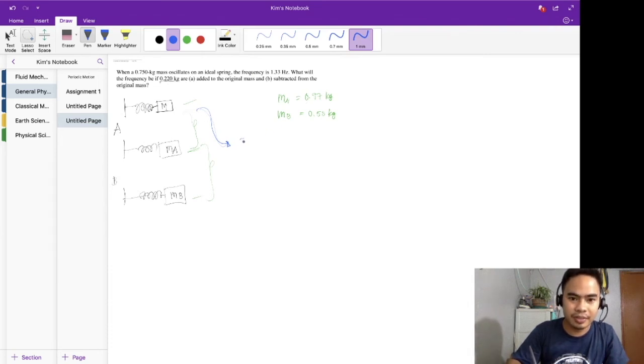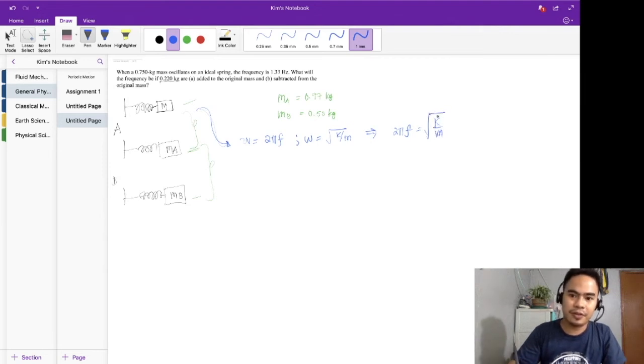For the case of the original mass, of course, you will still be dealing with omega is equal to 2 pi f, and then another equation would be omega is equal to the square root of k over m. So this time we are going to find an expression for k. So that means that you will have 2 pi f is equal to the square root of k over m.